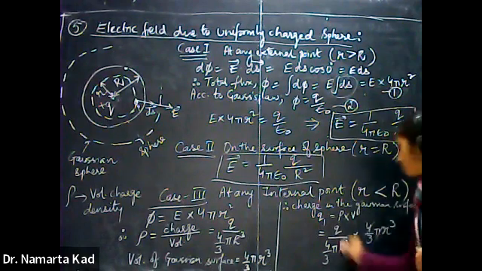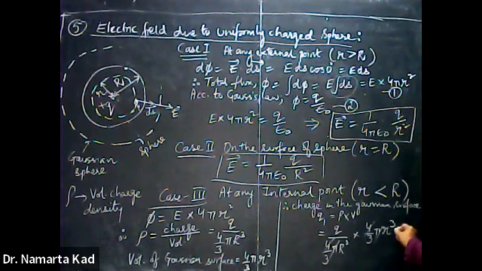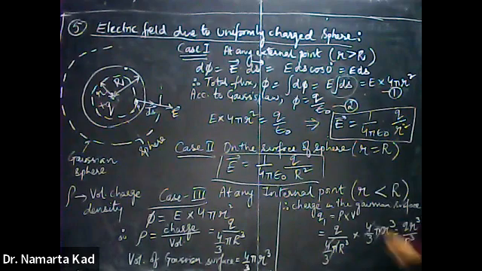Cancelling these out, we come up with Q r cube divided by capital R cube. This is the charge that is enclosed in the Gaussian surface.